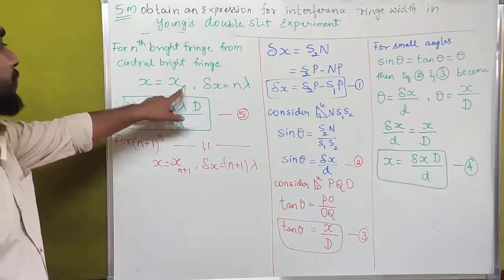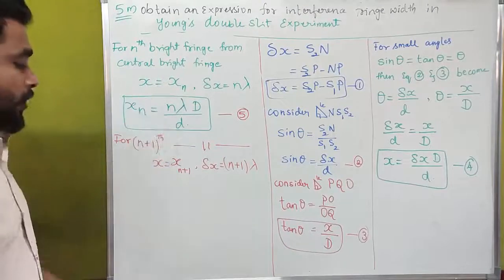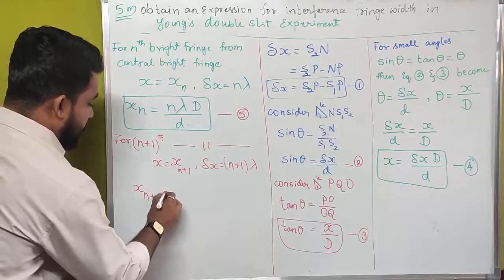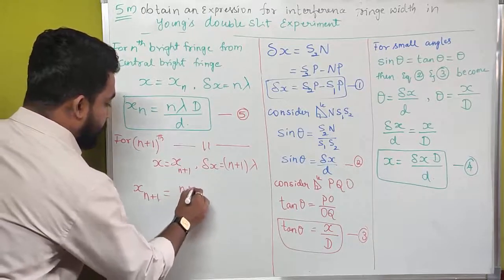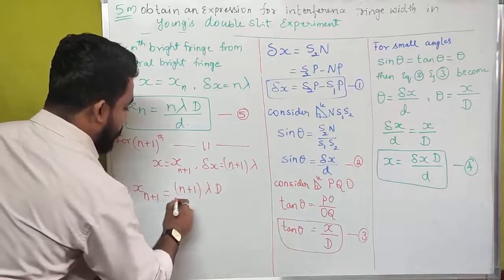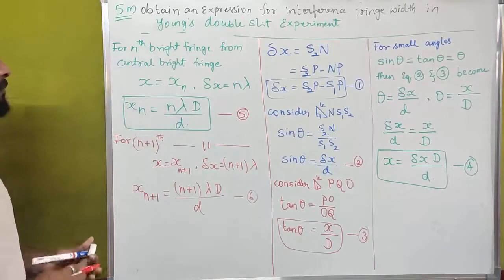We have to substitute n plus 1 instead of n in the above expression. Then what will that expression be? X n plus 1 is equal to n plus 1 into lambda into capital D divided by small d. Let us assume this as equation 6.